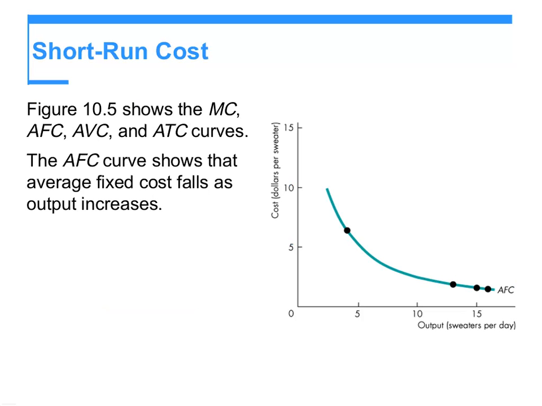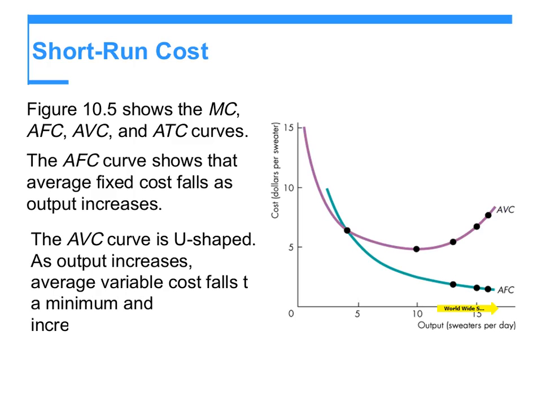So cost in dollars per sweater. As you can see, as you increase production, the average fixed cost is reducing. So average fixed cost will decrease as the number of output increases.